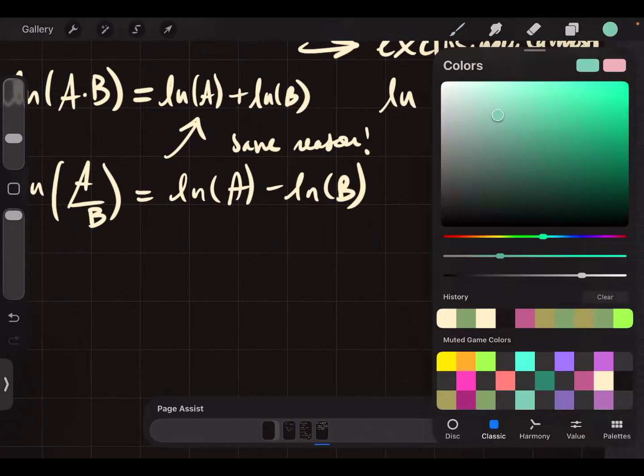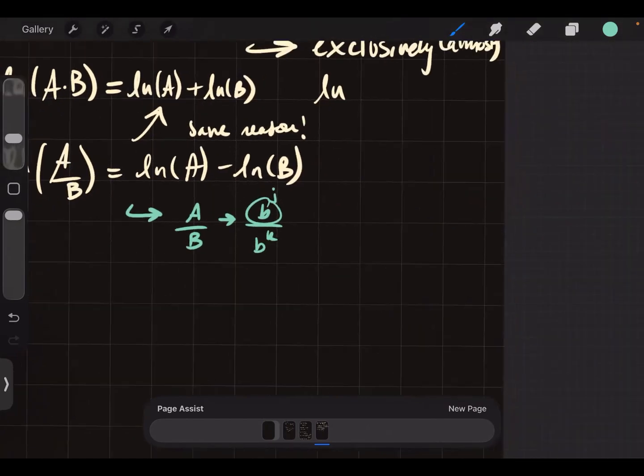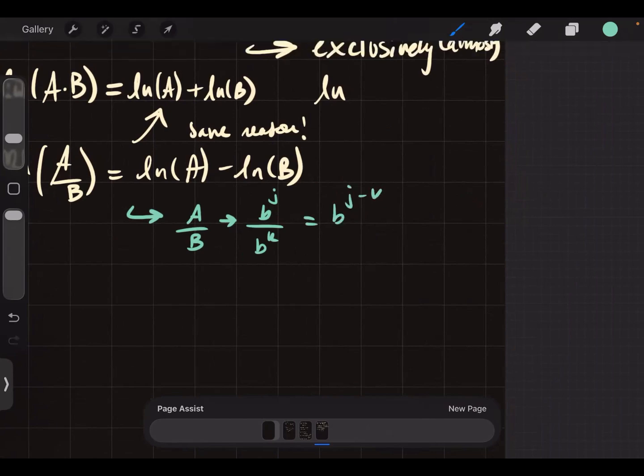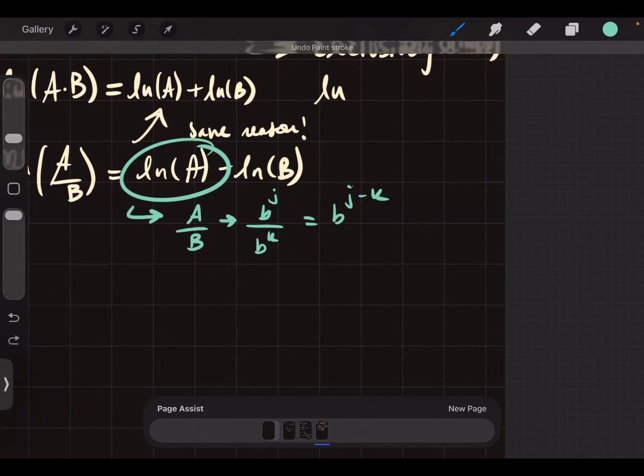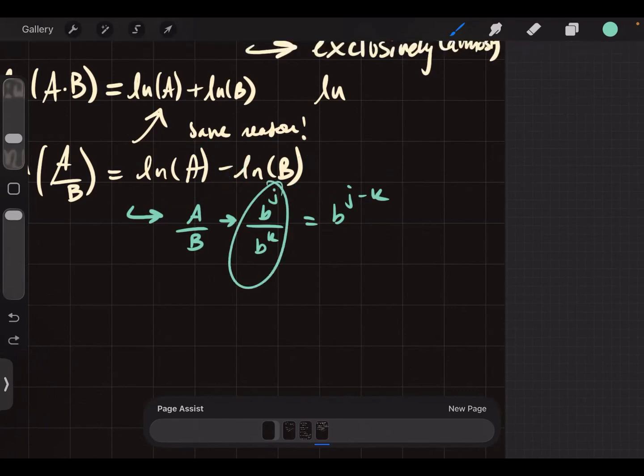What you can note is that a divided by b, if you write it in the same exponent base, like b to some power j divided by b to some power k, is going to be b to the j minus k. So if you take log base e of a, you capture j, and then you do that with b, you get j minus k. Alternatively, you can divide first, that gives you j minus k. You take the log of that, and that still spits out j minus k.